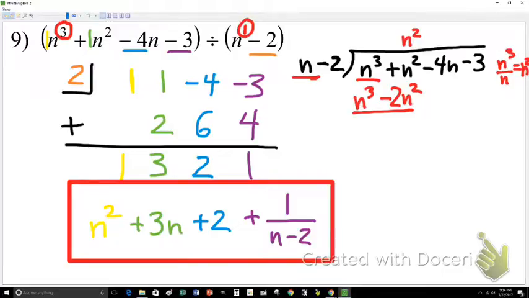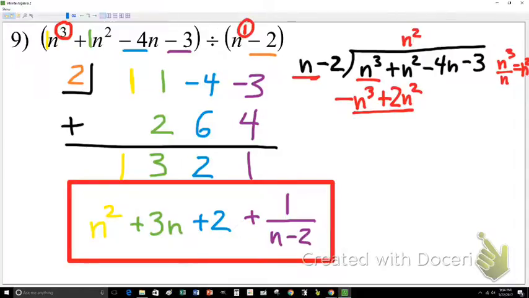And then the operation is we're going to subtract these things from the top two. Now, the easier thing to do though is to distribute the negative and change the sign. So we have minus n cubed plus 2n squared, and then we can just add instead of subtracting, okay?